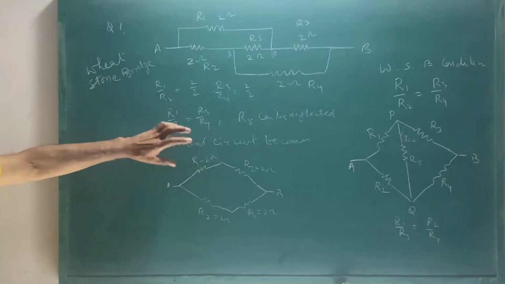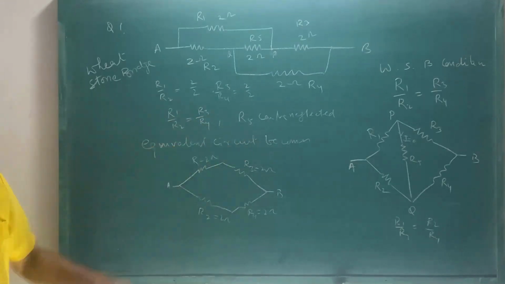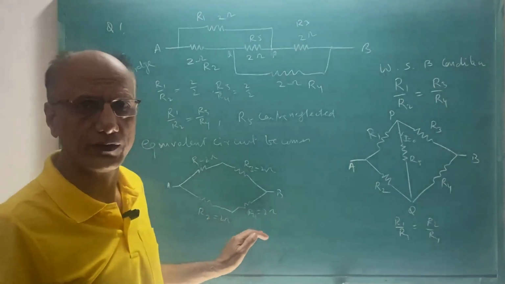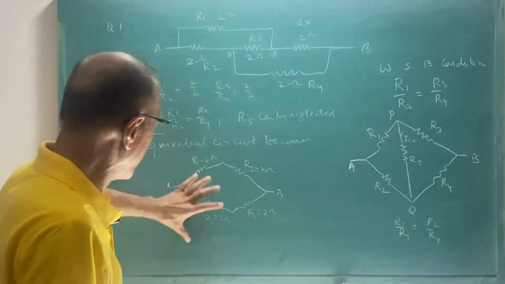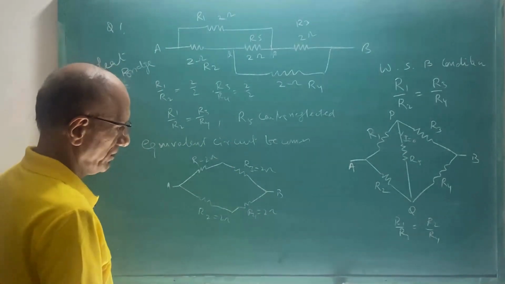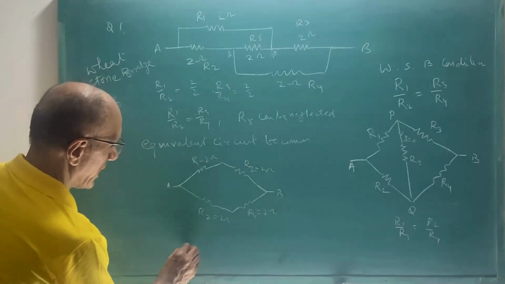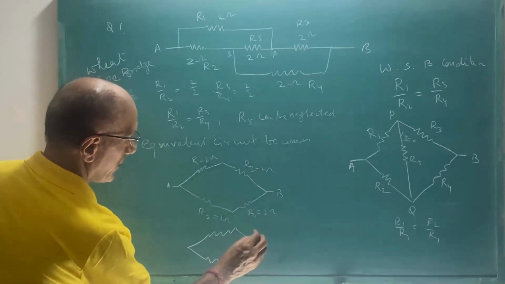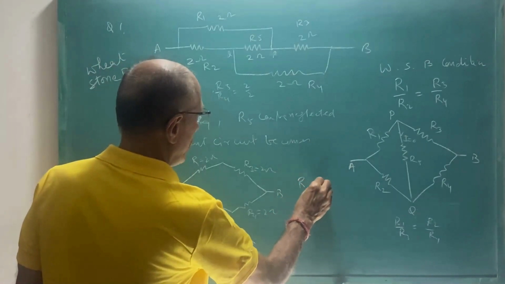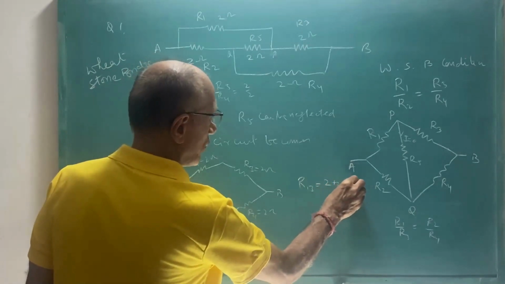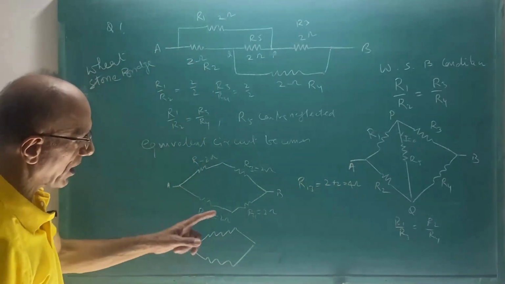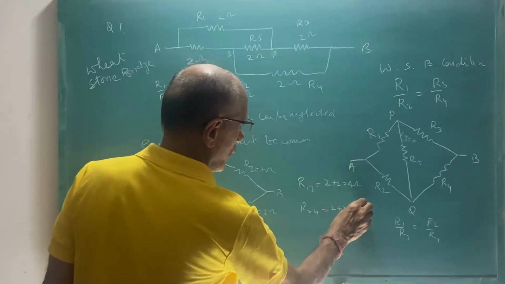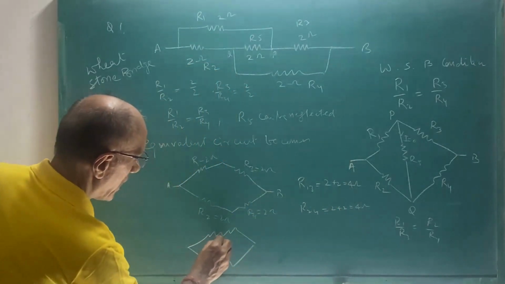Now we see this R1 and R3 are in series, and R2 and R4 are also in series, and then they are in parallel. So here R13 becomes 2 plus 2, that is 4 ohm, and R24 becomes 2 plus 2, again 4 ohm.